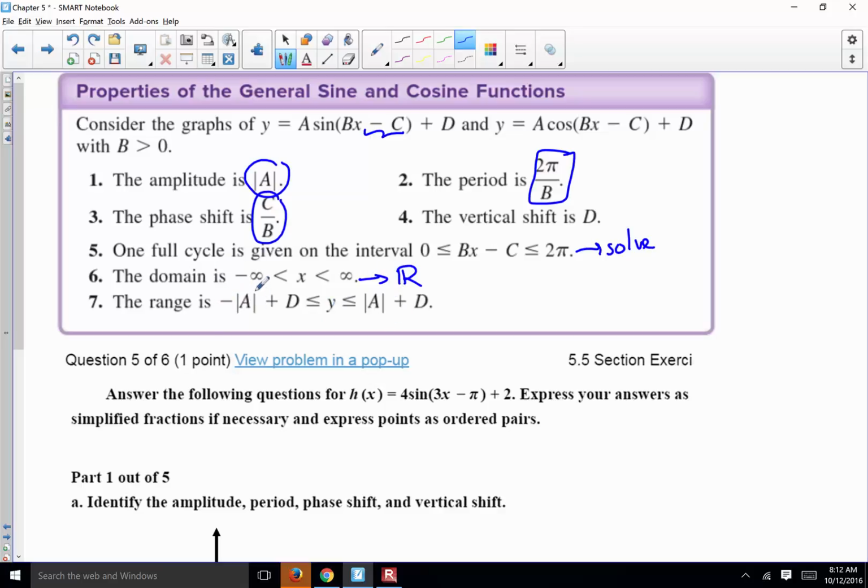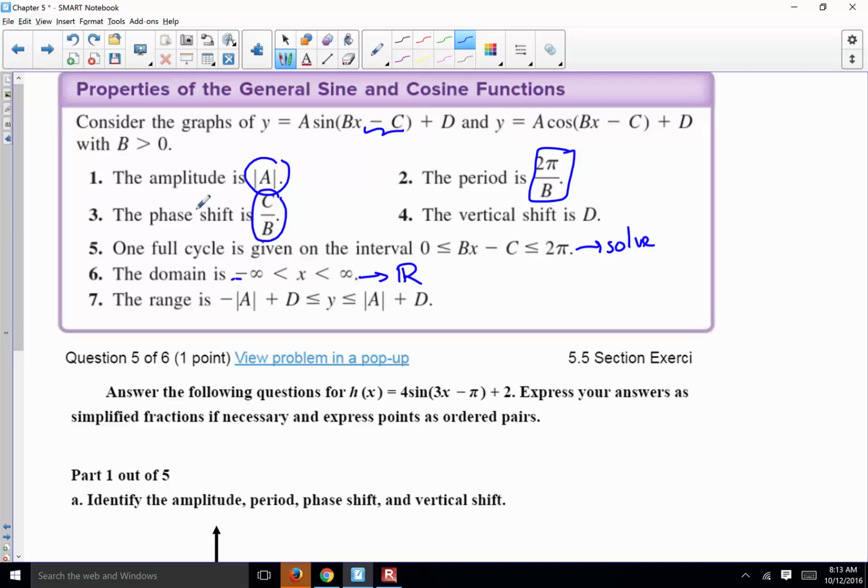Usually sine is between minus 1 and 1, but if you stretch it, it becomes minus a and positive a, like 5 and minus 5 we did earlier. But if you also have a vertical shift, it's going to make it further up or down depending on the sign of d. This is kind of a summary sheet, but you can already discover all these.